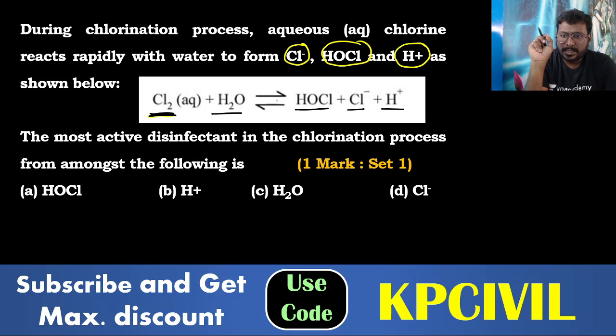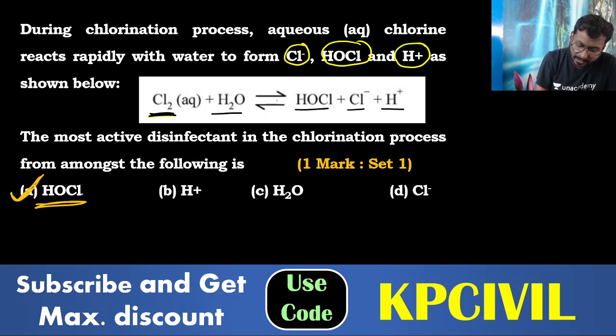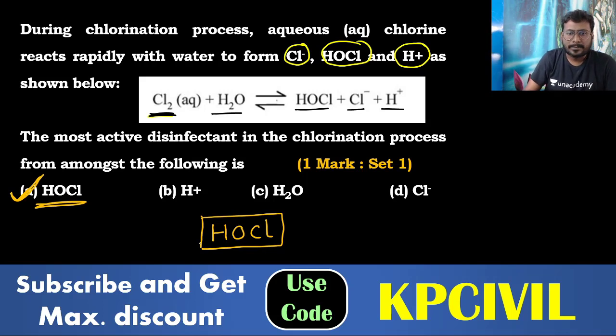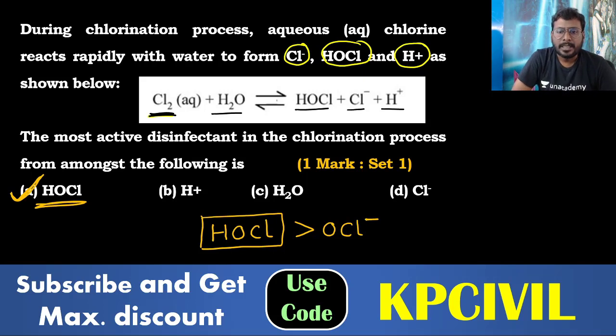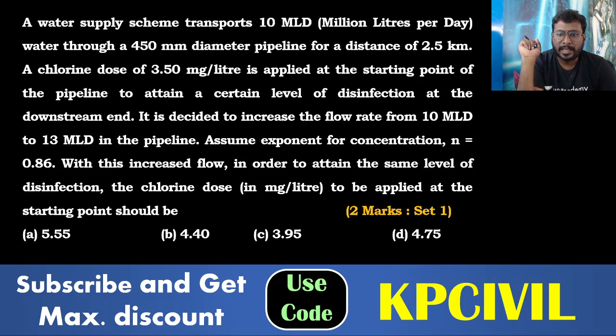In the disinfection process, two components, HOCl and OCl minus, in which HOCl is the highly active, most active disinfectant. Efficiency of HOCl is far greater than efficiency of remaining components. HOCl is your answer. HOCl is carrying more efficiency than OCl minus. So answer is HOCl.